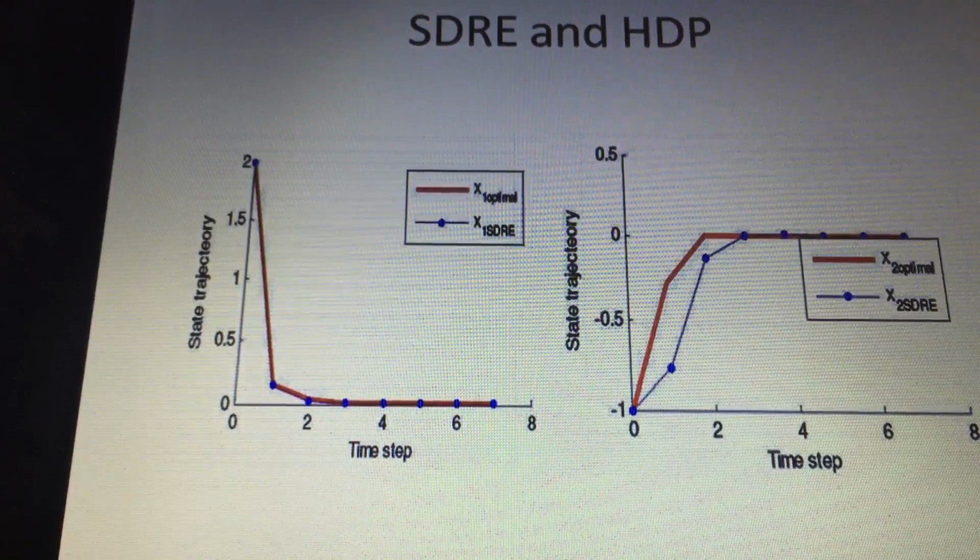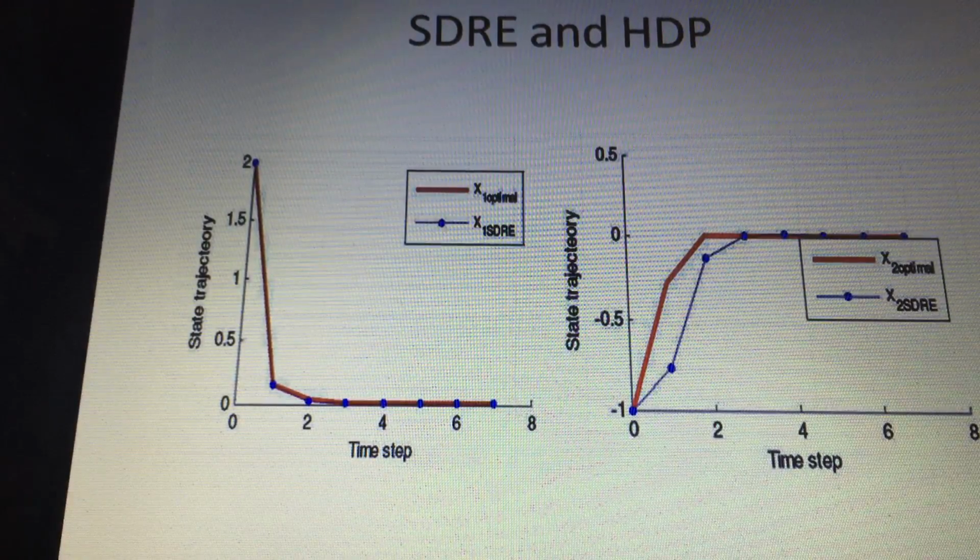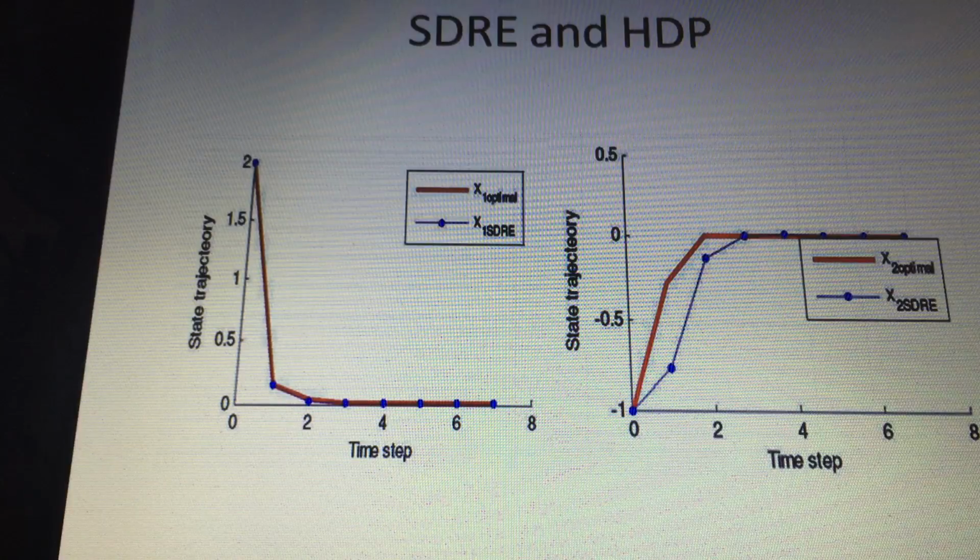From the graph on the left, you will see the trajectories mostly match each other, and from the graph on the right, the trajectories match after a time step of 3.